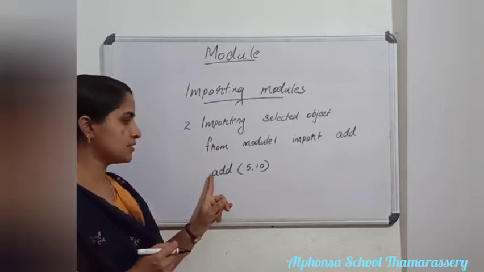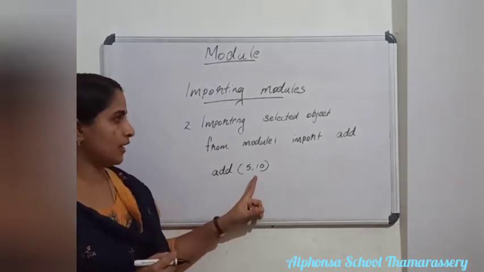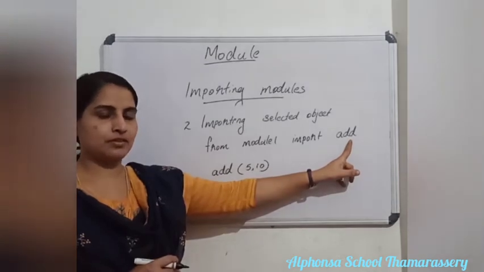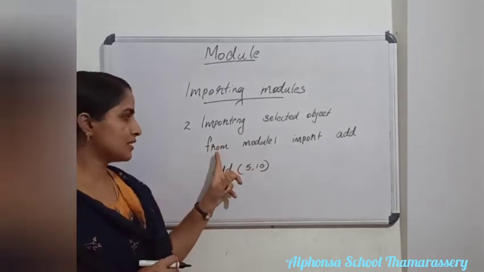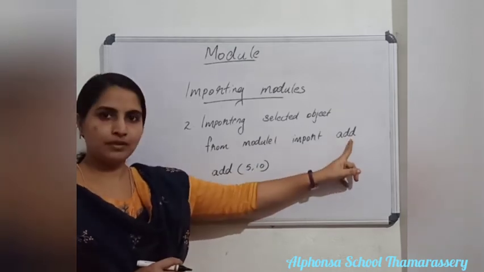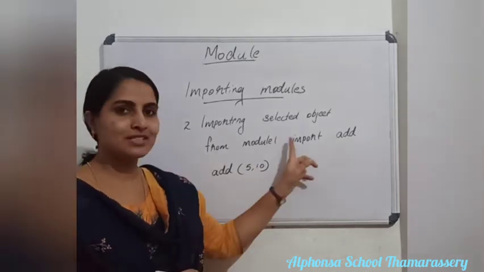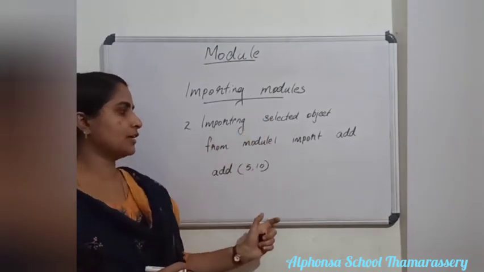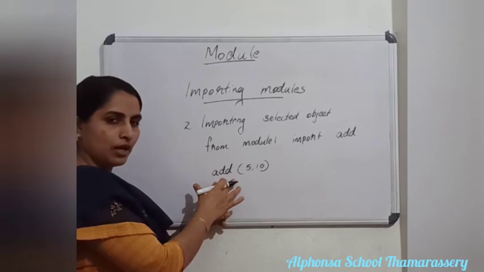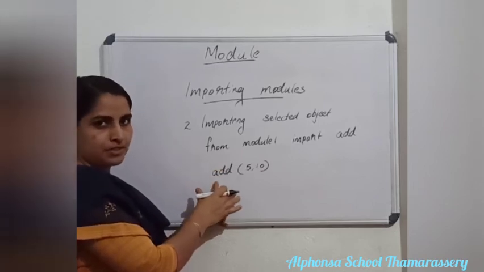The reason is, here I specify only one object. So when I am using this from module name import element, this method of importing selected objects, the selected object becomes part of the present environment.